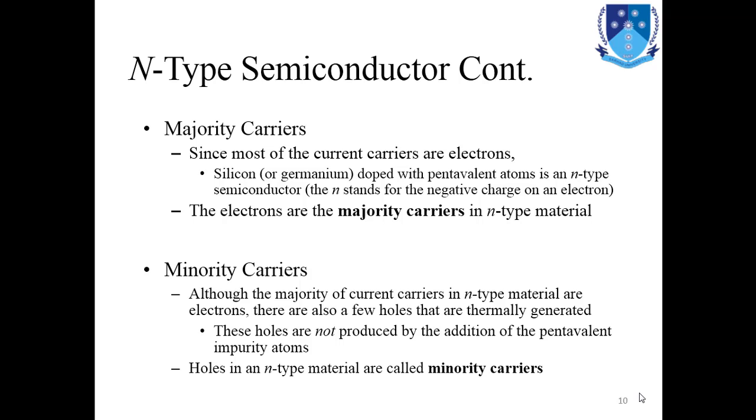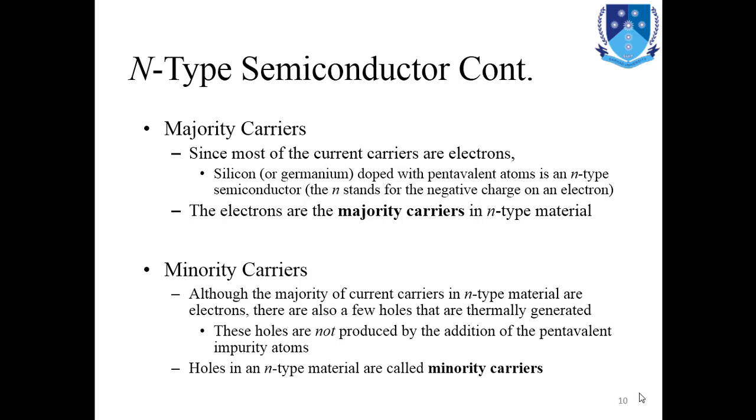Similarly, the minority charge carriers in n-type materials are holes. Although the majority of current carriers in n-type material are electrons, there are also a few holes that are thermally generated. Therm means heat, so those holes are generated due to heat energy.